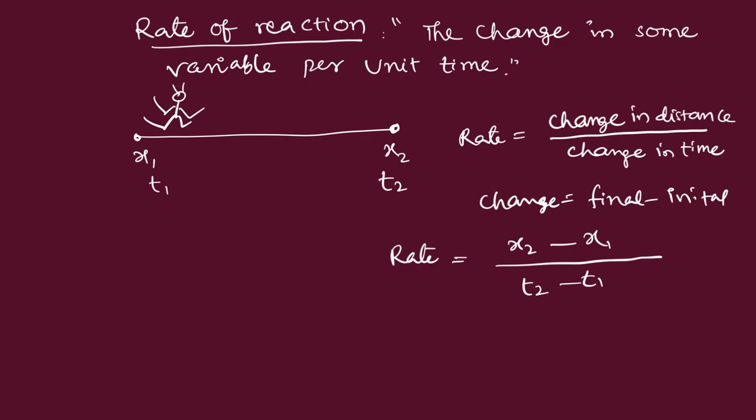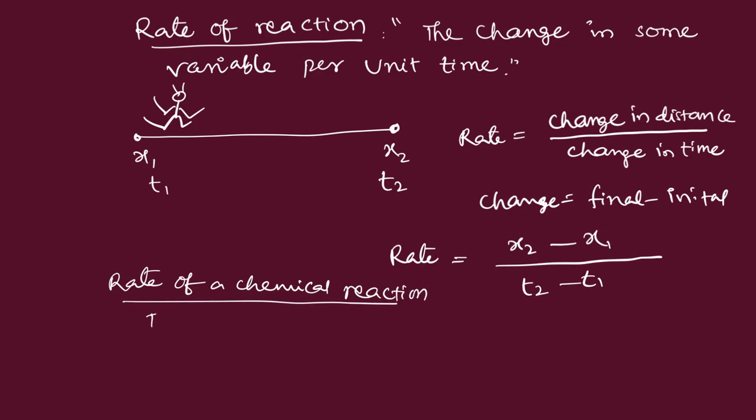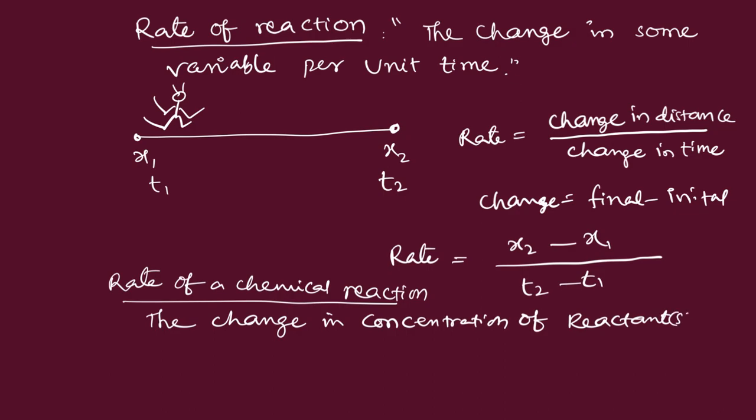Now, the rate of a chemical reaction. So, how to answer this? The change in concentration of reactants, reactant one is a reactant, more than one is reactants, that's why reactant is in brackets, or products.